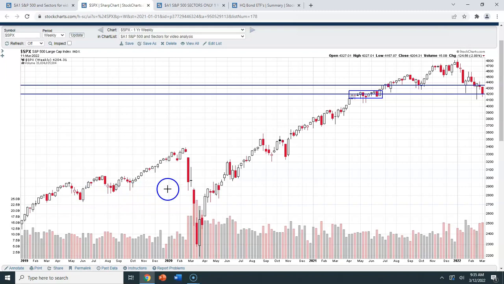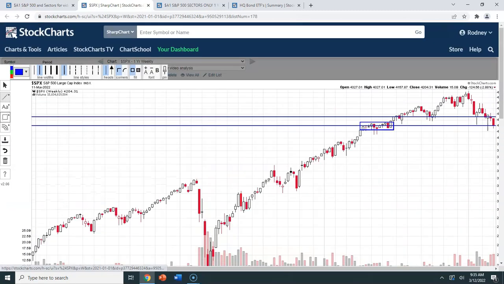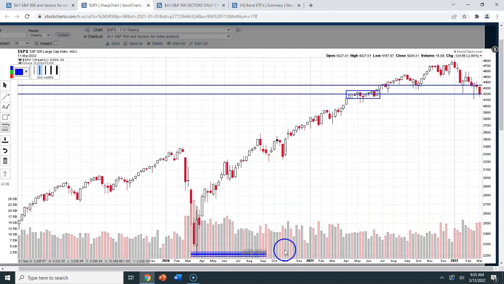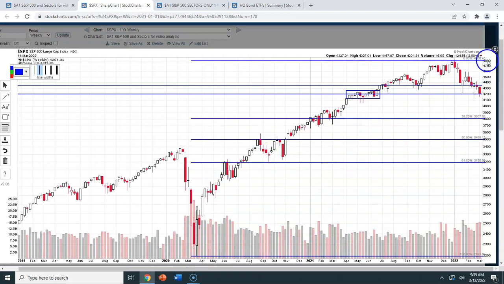We're going to take this back to January of 2019, and what I'm going to show you here is a Fibonacci retracement, because these Fibonacci retracements are just amazing how well they work. And if we're going to retrace 38.2%, which is a major Fibonacci retracement, right?